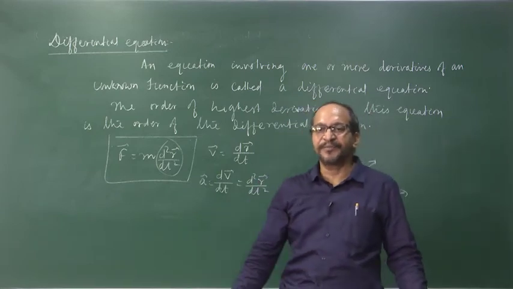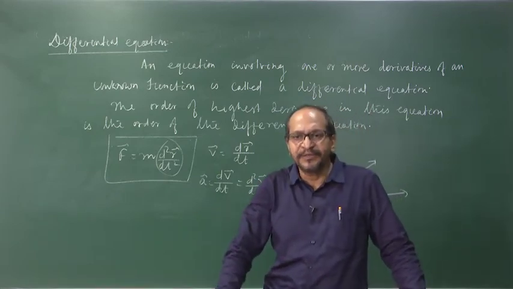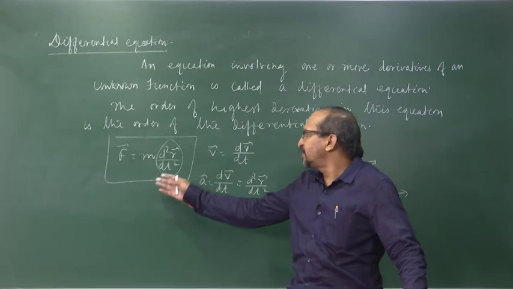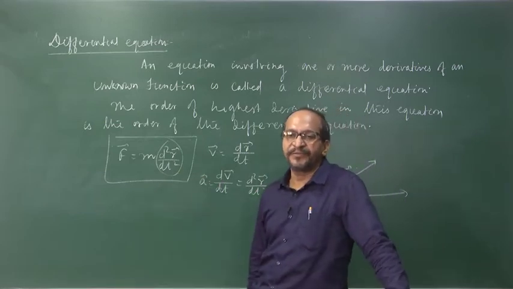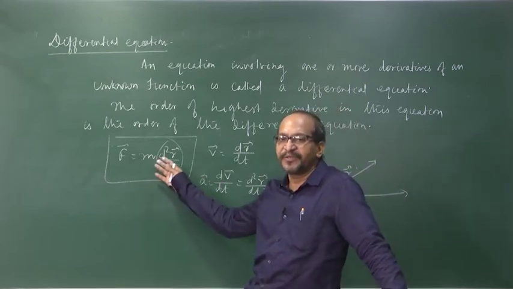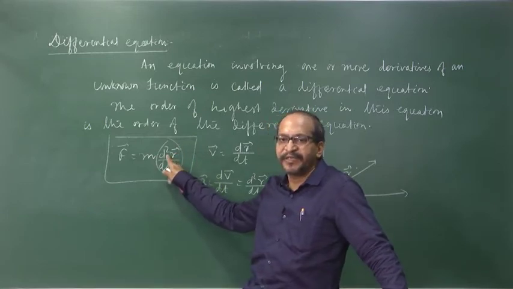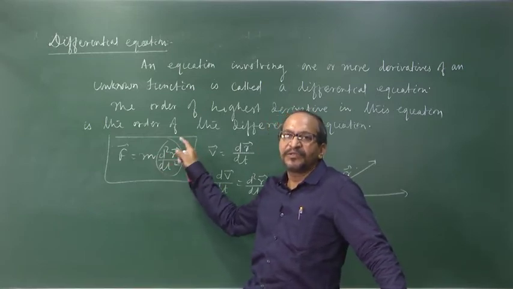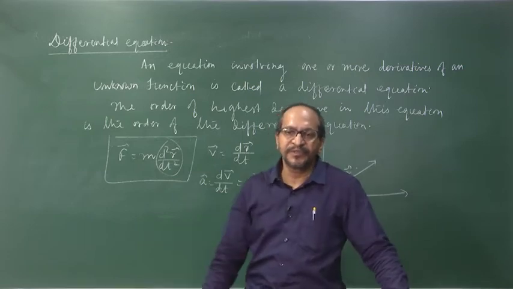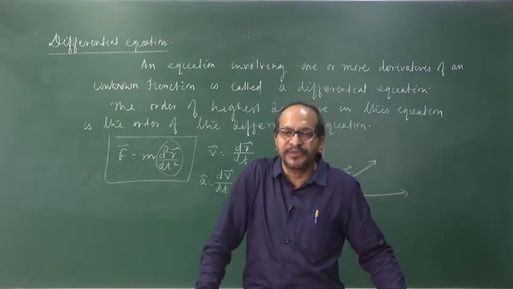So, r here is a function of time, and this equation is nothing but a second order differential equation. Why do we call it a second order differential equation? Because the highest derivative is the second derivative. So, the order of the derivative is 2 and the order of the differential equation is 2.